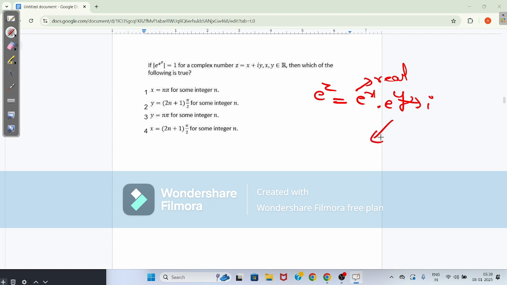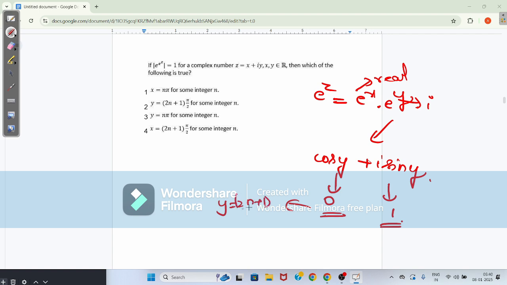For this, calculate the value cos y plus i sin y. This value is 0 and this value is 1. So this value becomes 0 if and only if y is equal to (2n plus 1) pi by 2. So this is the correct option here.